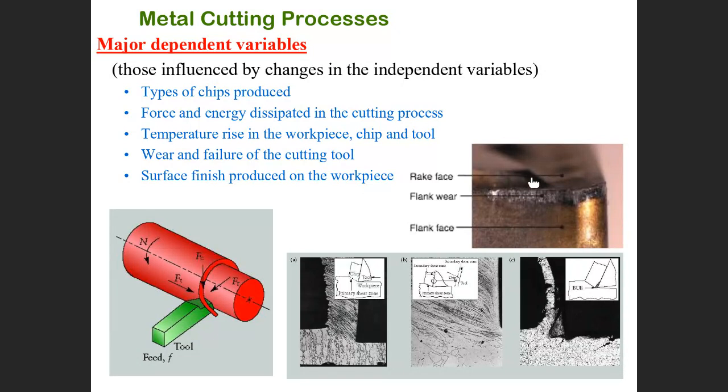The initial parameters determine what happens to the tool, with tool wear, tool fracture, and so on. The surface quality, the surface finish obtained from the process, also depends on the parameters. So this is what we call dependent. We have independent parameters that we set initially before we do the cutting, and dependent parameters which are obtained later from the cutting and depend on what we set at the beginning of the process.